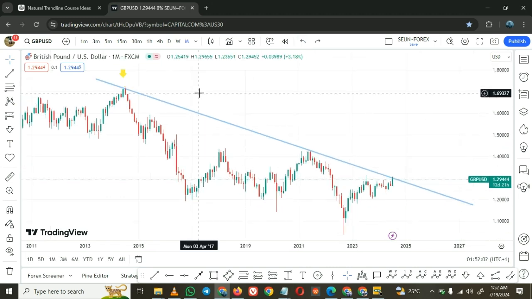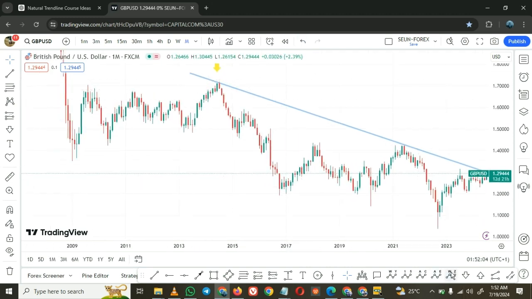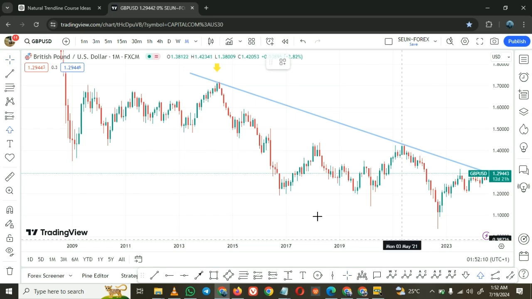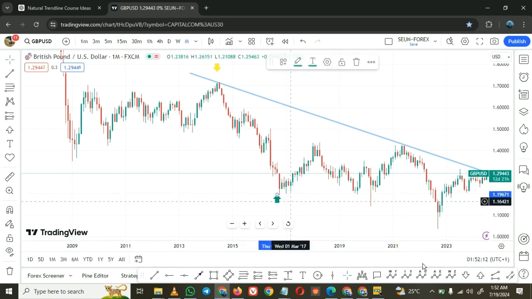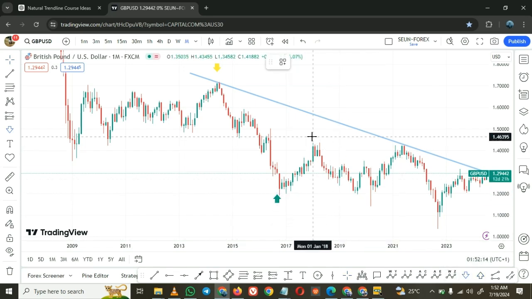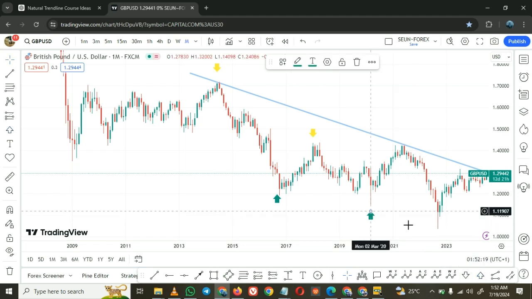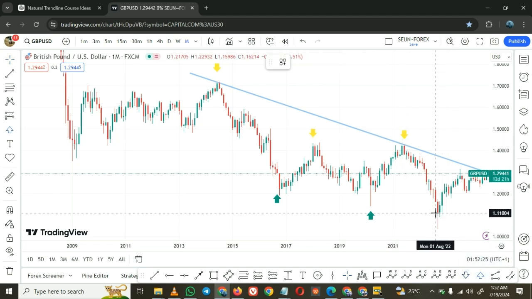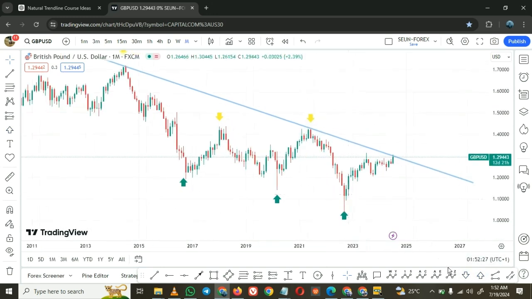This is GBP USD, so this is lower high and this is lower low. This is lower low, and this is lower high, and this is lower low. This is lower high, and this is lower low, and this is lower high.